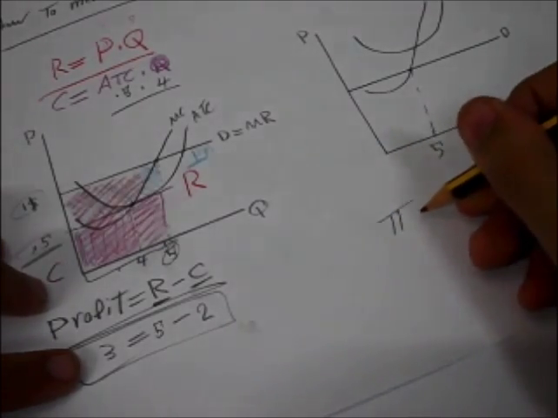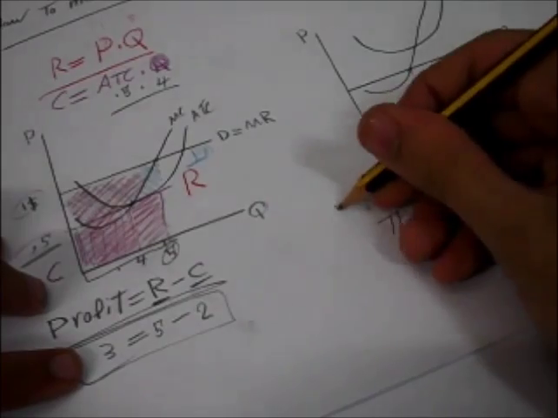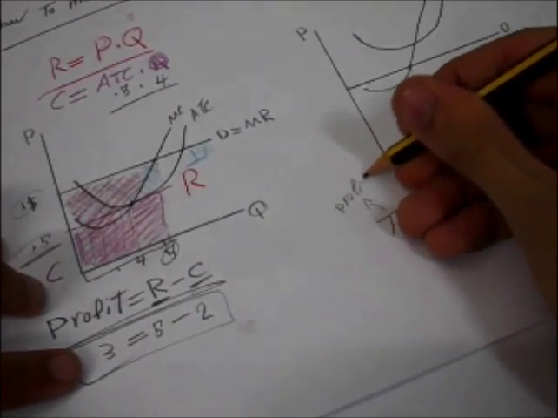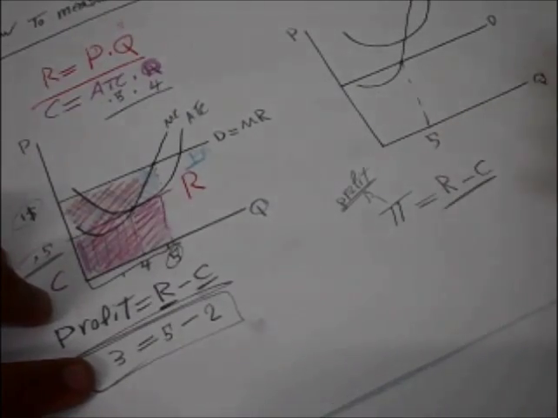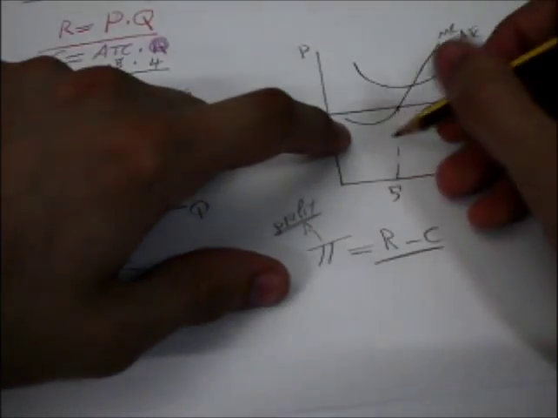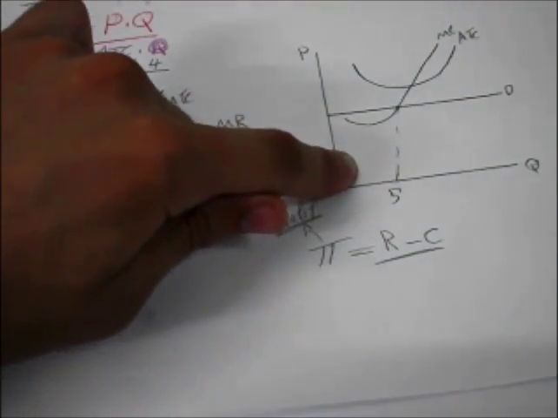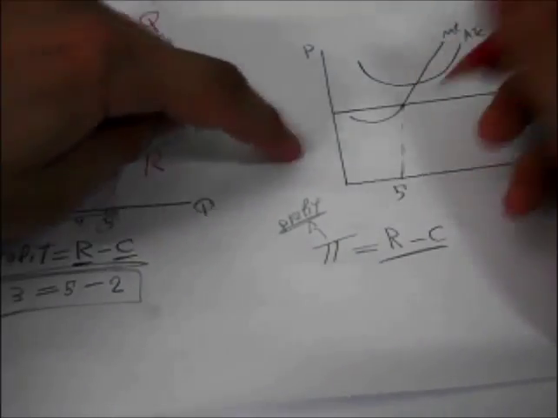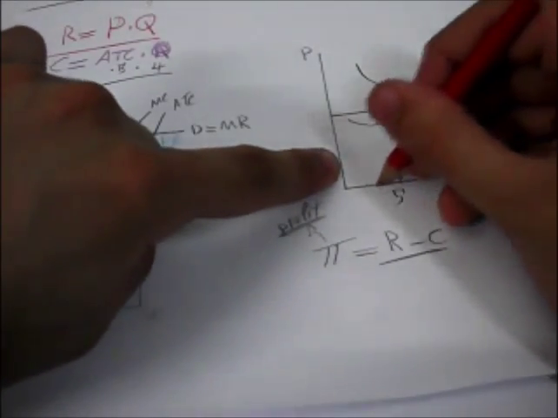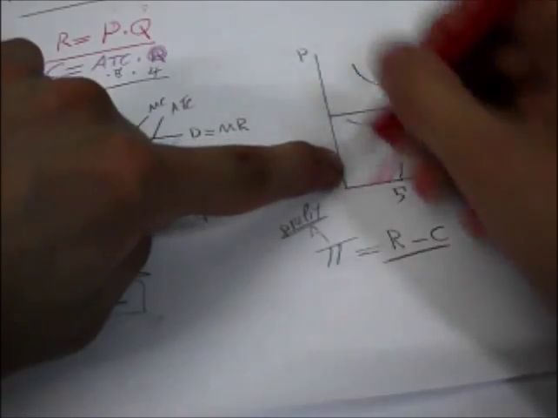This symbol represents profit. So we want to measure the profit, which is revenues minus the cost. First thing we need to do is to measure the revenues, which is quantity times the price.